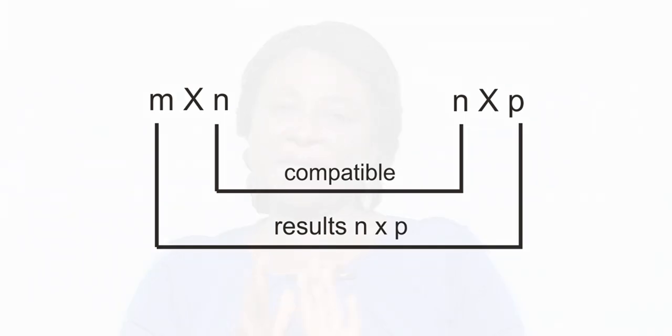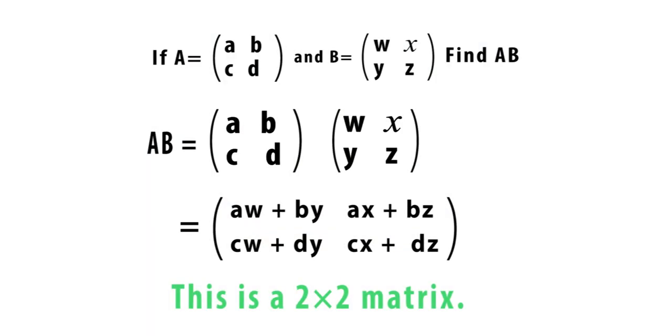Good. If the matrix A is equal to A, B, C, D, and the matrix B is equal to W, X, Y, Z, then the matrix A multiplied by the matrix B is equal to the matrix A, B, C, D multiplied by the matrix W, X, Y, Z. That would give us AW plus BY, AX plus BZ, CW plus DY, and then CX plus DZ.